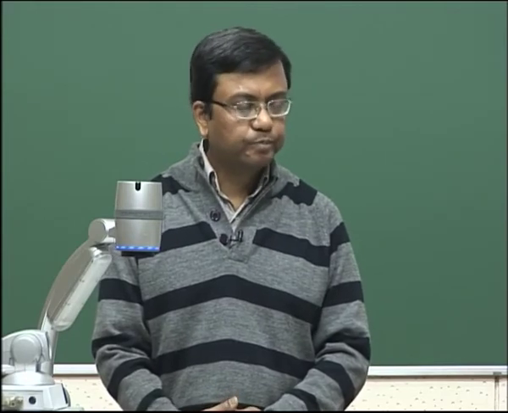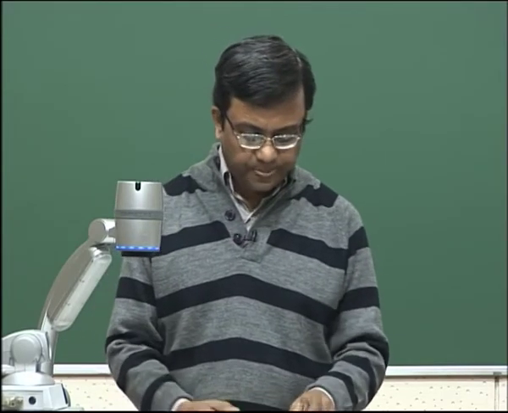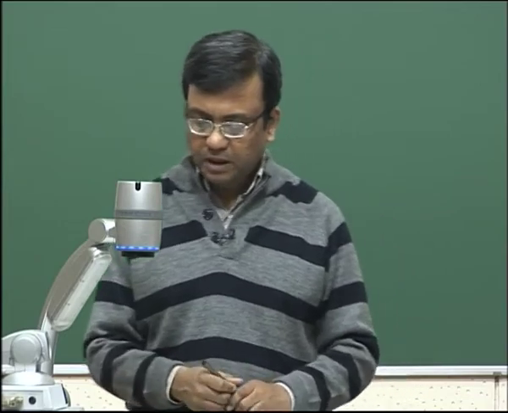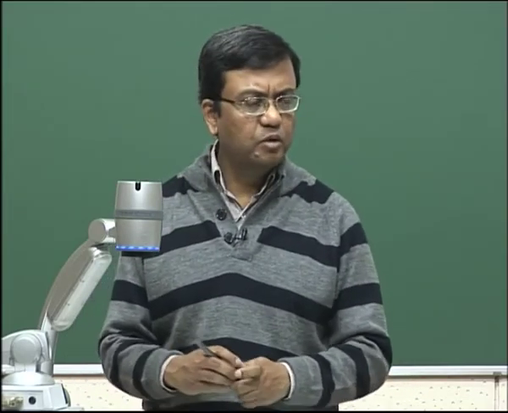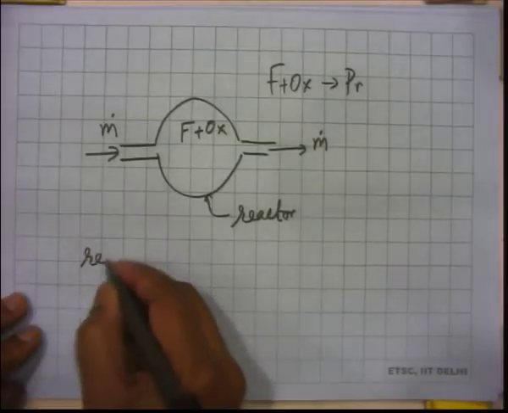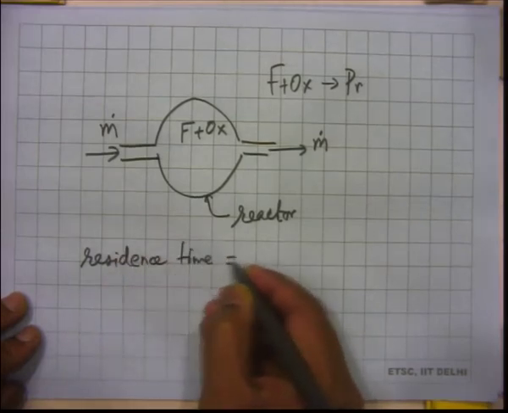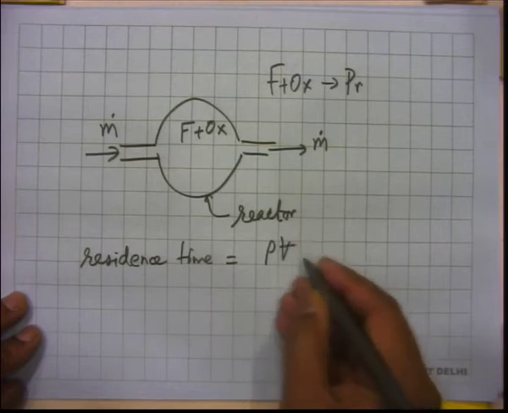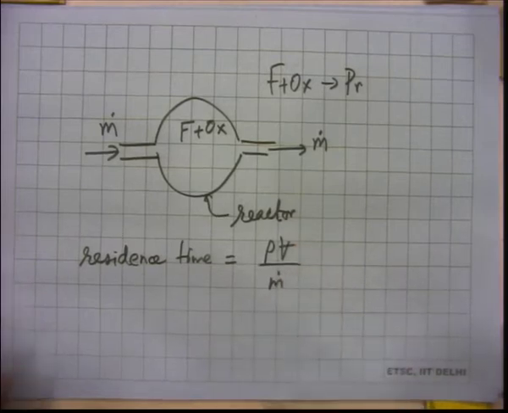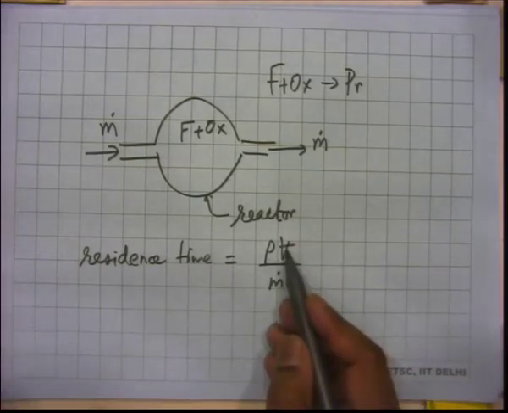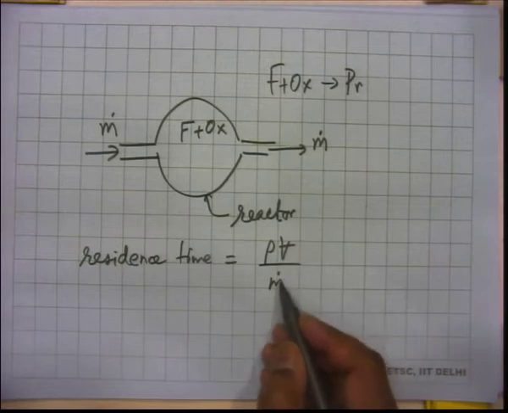Okay. So, what is that available time? Again, I think last class you pointed out that there has to be a residence time. So, the residence time is more like this. This is density of the mixture, this is volume of the reactor, divided by m dot.